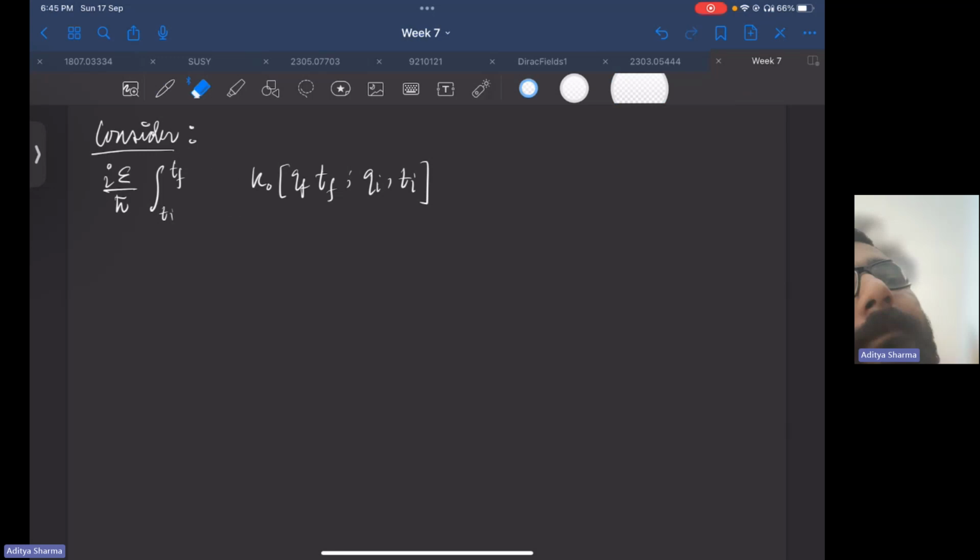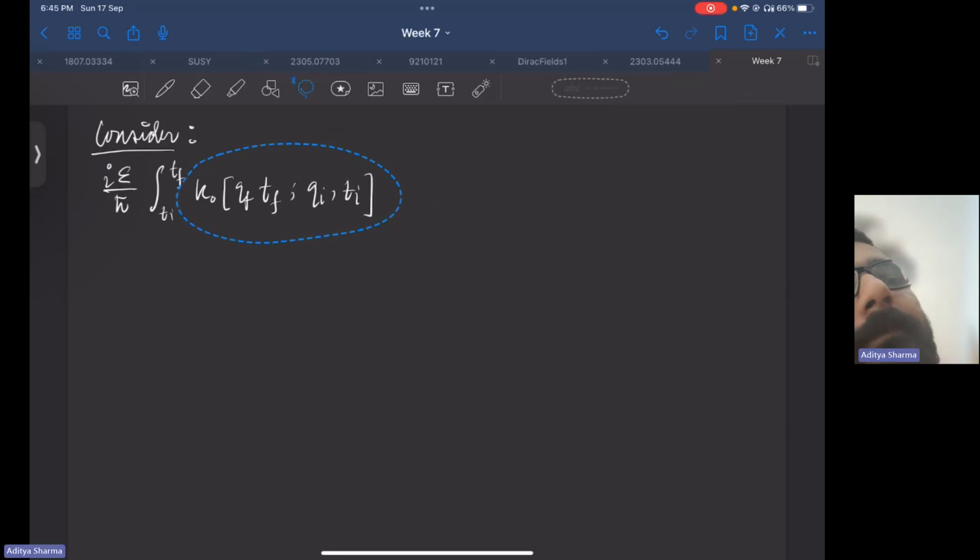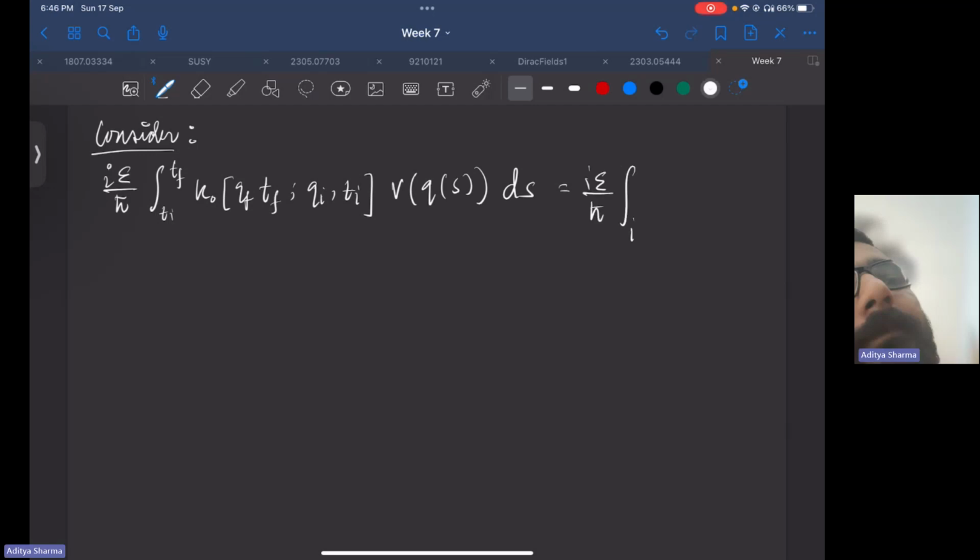So there's no integral, only this term. Yes, I'm writing it as epsilon squared, integral initial to final, times some f of s, where f of s is nothing but this thing.